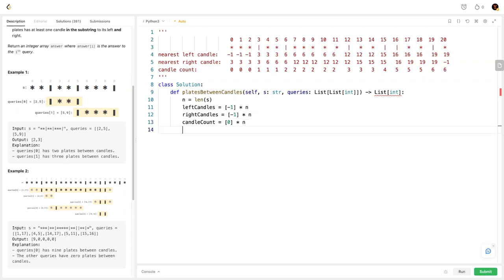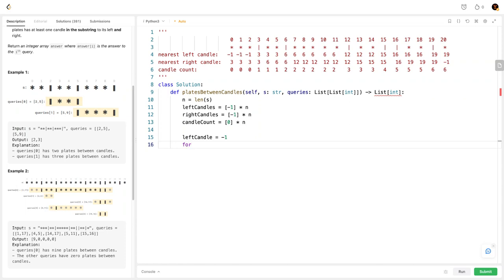All right, so now we need to generate this left candle array. What we can do is loop through each position in the string, and if we reach a pipe, we know that pipe will be the leftmost candle for the following plates, and if starting from the first position it will be -1, right? If it's not a pipe. So we can initialize the left candle as -1.